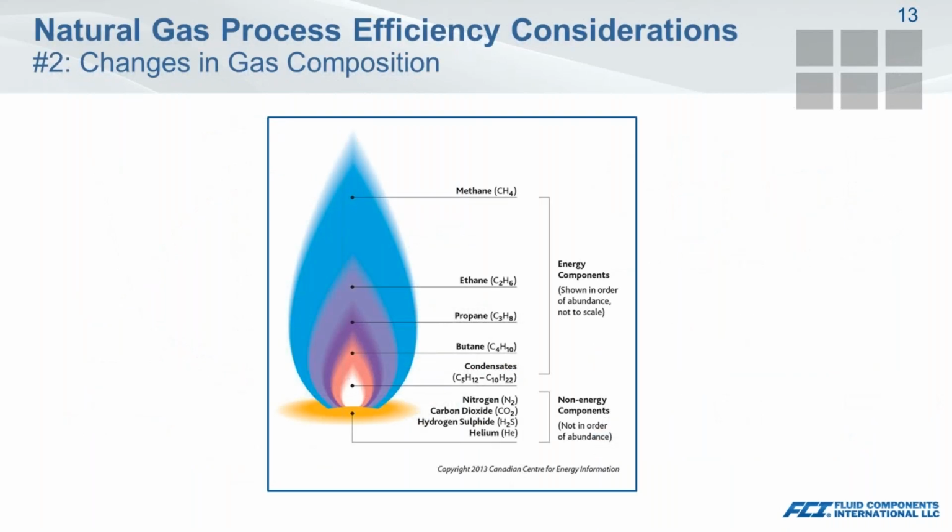Second consideration we want to look at involves a component breakdown of natural gas. Natural gas composition varies per location and installation. All parts of the world have some variations associated with it. In some instances, you may see some seasonal changes in the composition as well.